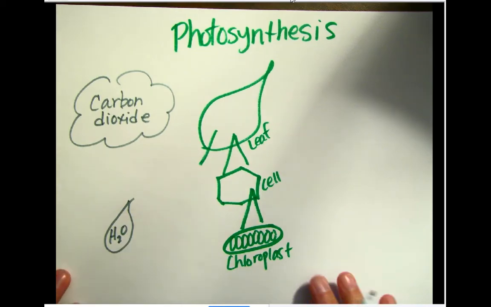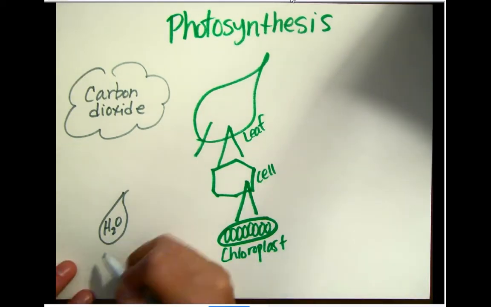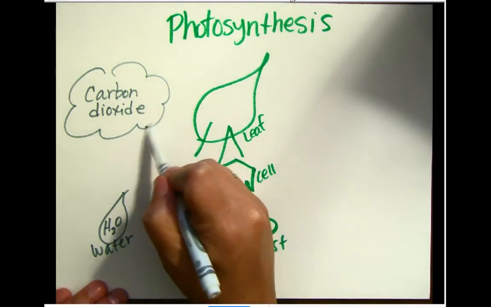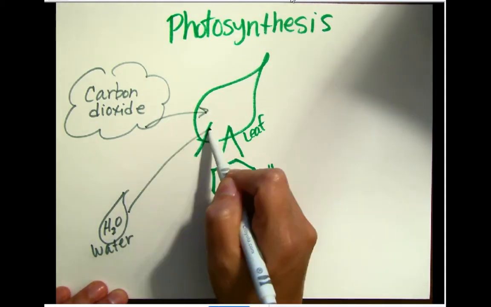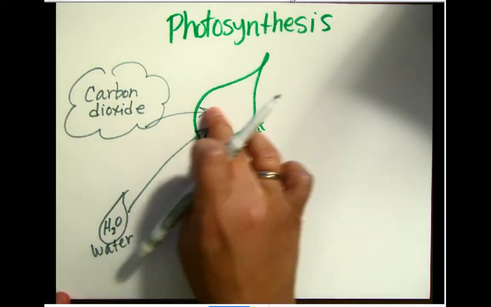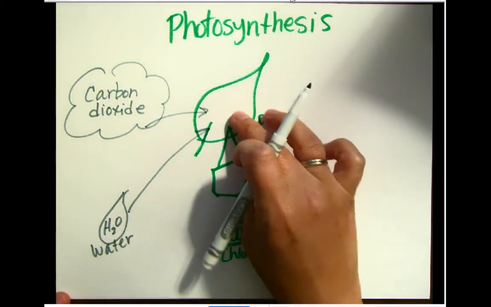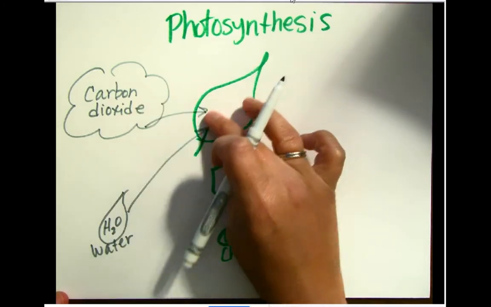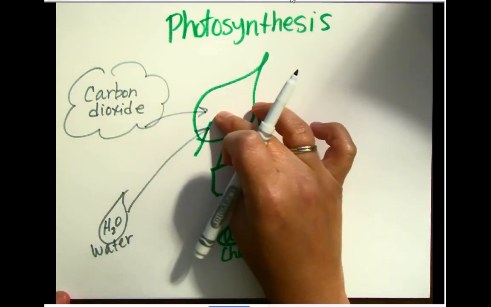You know what H2O is. Water. Okay, so the plant needs these things from the environment. The water comes up from the roots and it goes all the way to the leaves. The carbon dioxide goes into the leaves from these little tiny pores called stomata.